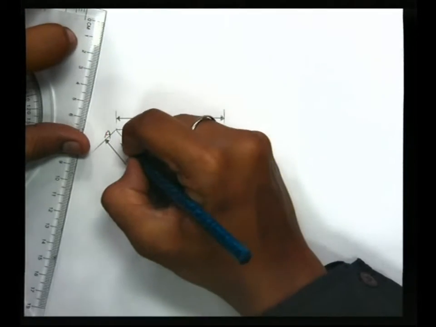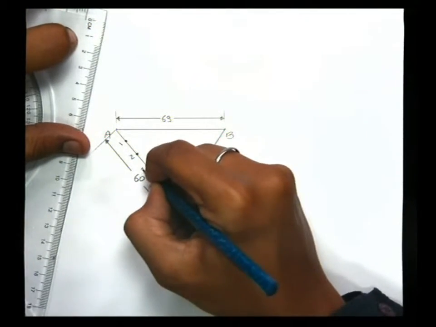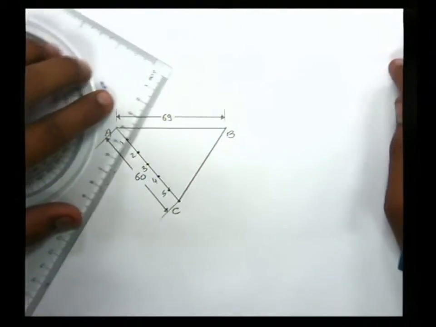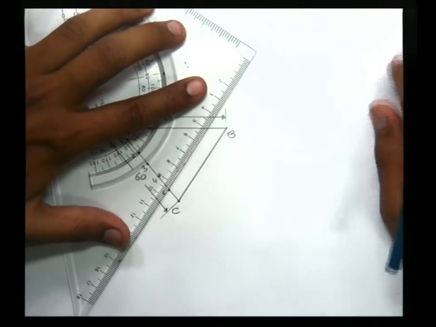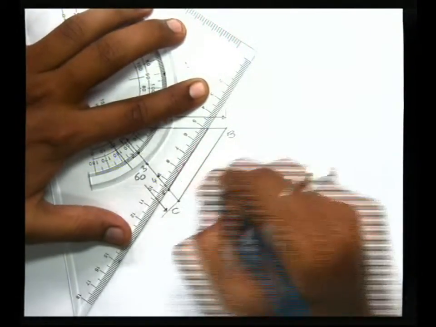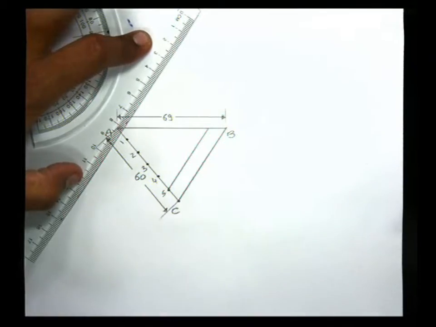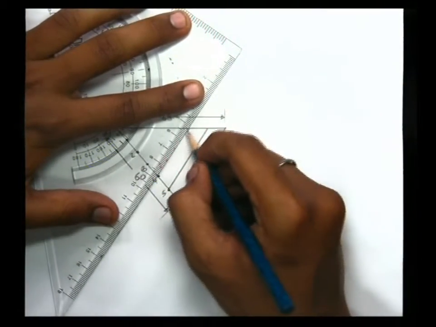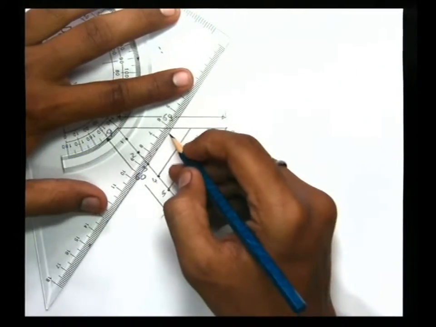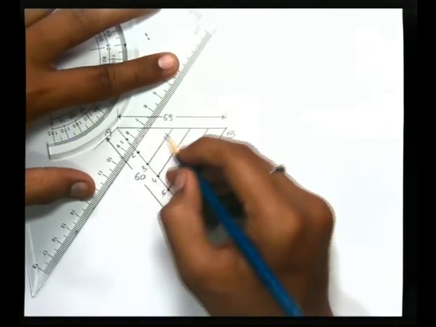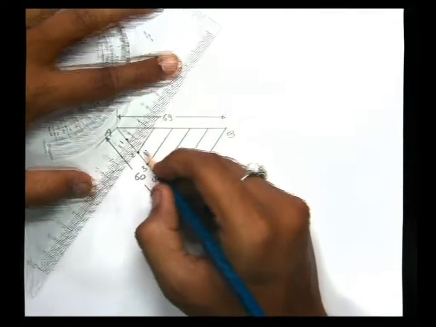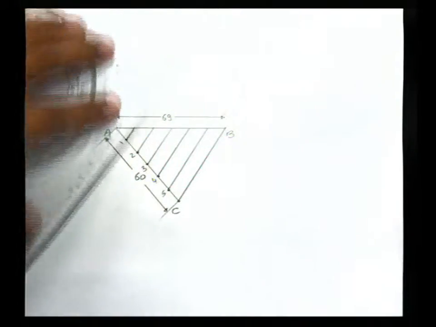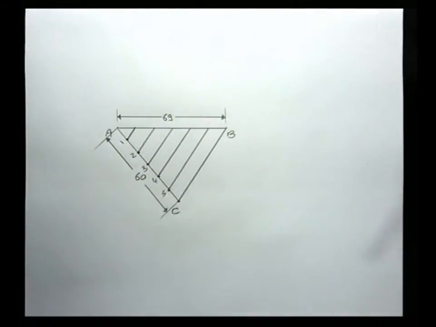Take parallel lines from all these points 1, 2, 3, 4 and 5 to the BC line. Make sure that you are drawing exact parallel lines to BC. You can choose either set square or roller scale to draw the parallel lines. Most of the students nowadays use the roller scale to draw the parallel lines.